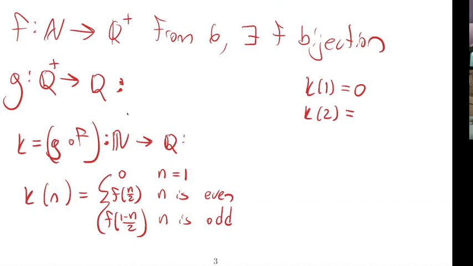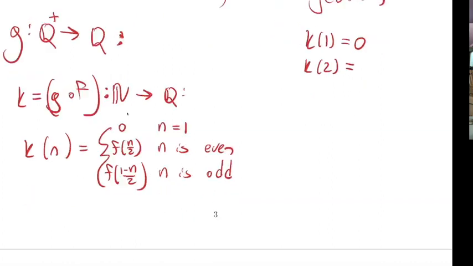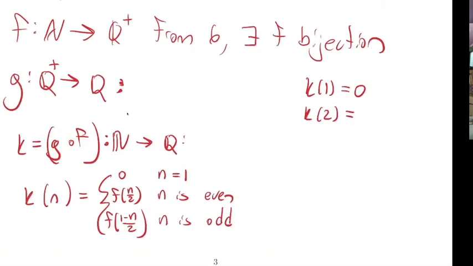In fact, I really don't even need the top line, right? Because n equals 1 would give me exactly 0. And this gives us a map, a bijection from the natural numbers over into Q.